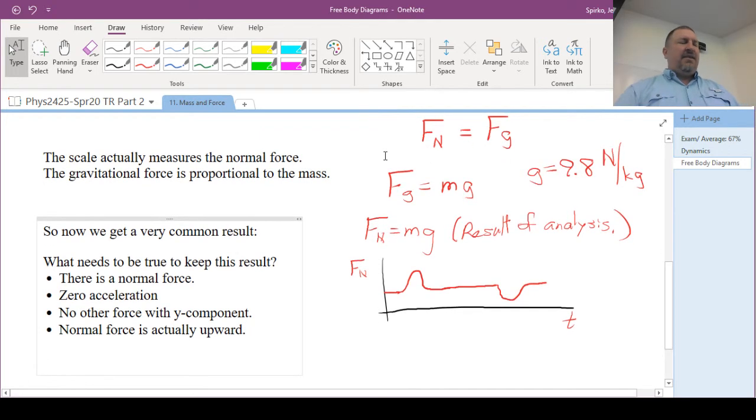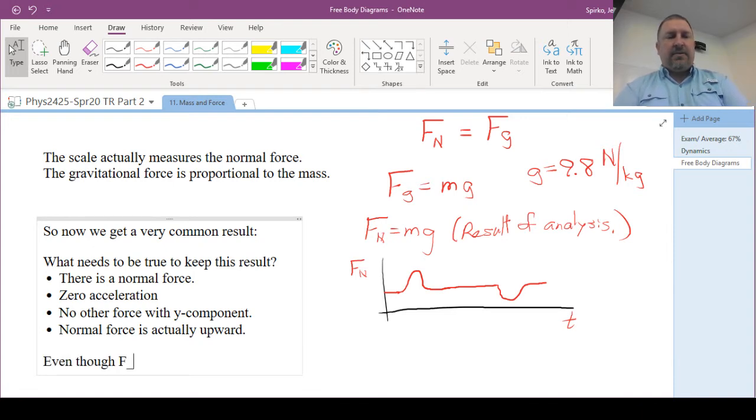So the reason I like to go through all of this is because I want to stress that that idea that the normal force is mg is very common. You should jump to that conclusion when it's appropriate. You should not do this analysis every single time.